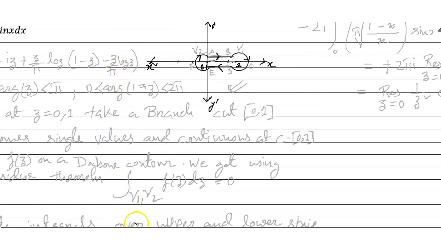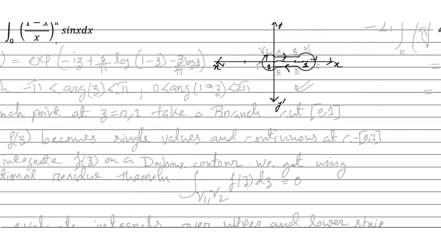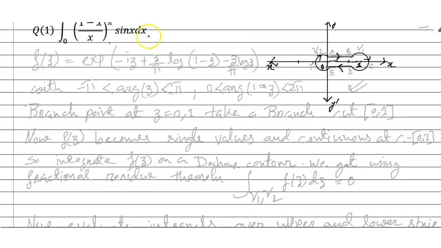Because from these equations, if I put in here f(1 by z), then what I get is exponential of i divided by z plus 1 by pi z, and log of 1 minus 1 by z plus 1 by pi z log z.